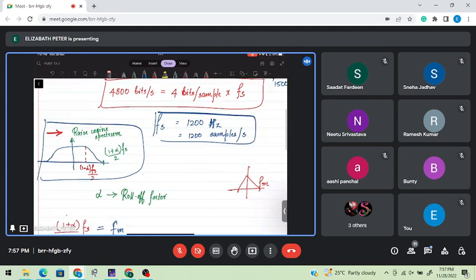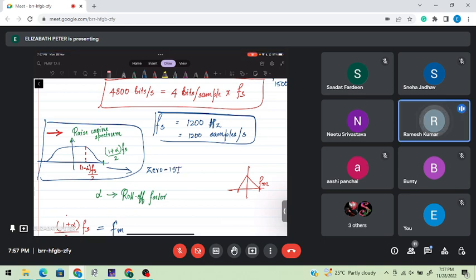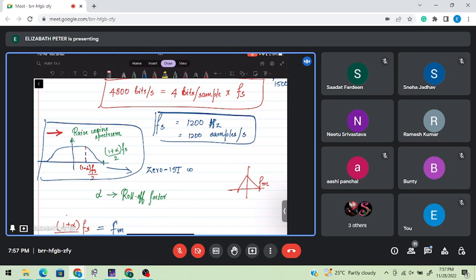So instead, we will go with other pulse shapes such as the raised cosine spectrum, which will satisfy the zero ISI condition. Both the sinc pulse and the raised cosine spectrum will eliminate ISI at the receiver.